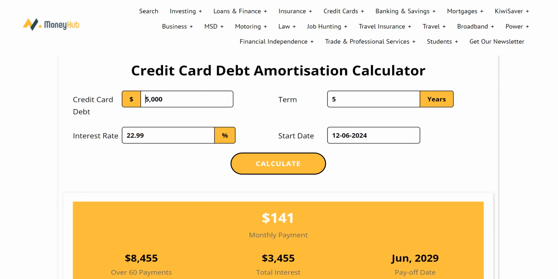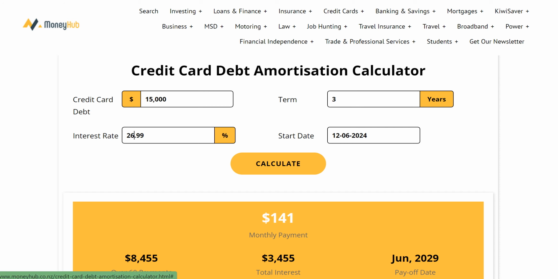Some people have much higher credit card debt. So if we use 15,000 and we put it over, say, perhaps a 3 year aim to repay it, and we use, unfortunately, much higher interest from cards such as the Q Mastercard or the Gem Visa, they tend to attract a higher interest rate.